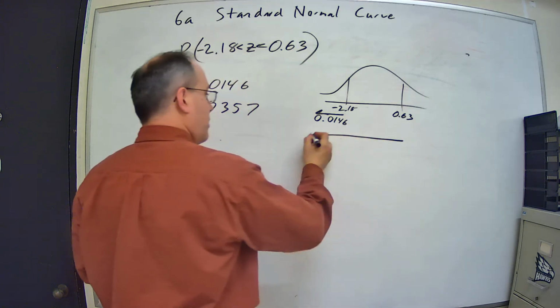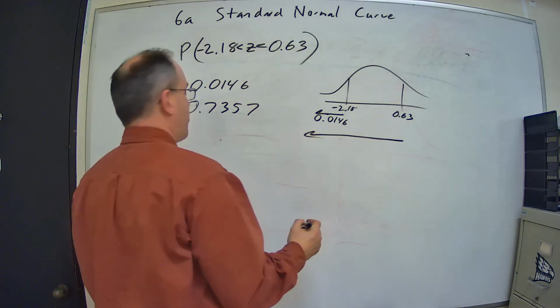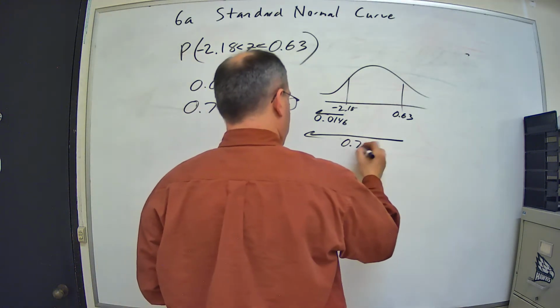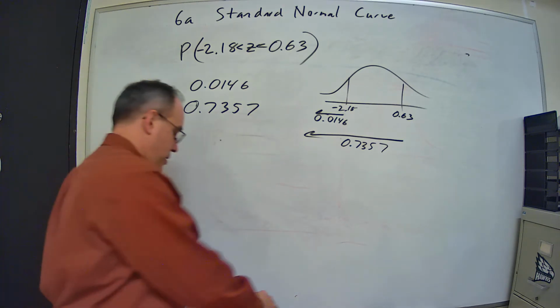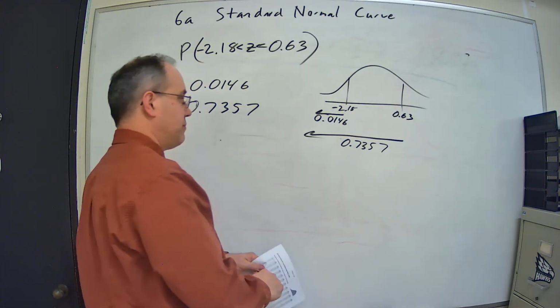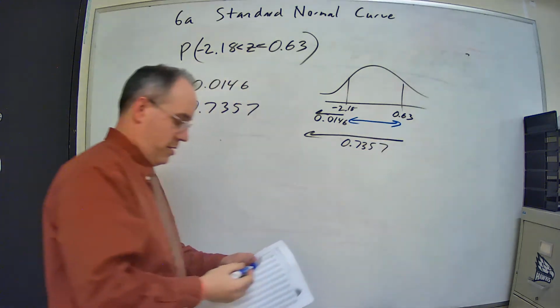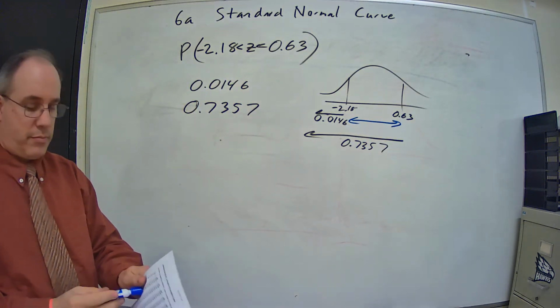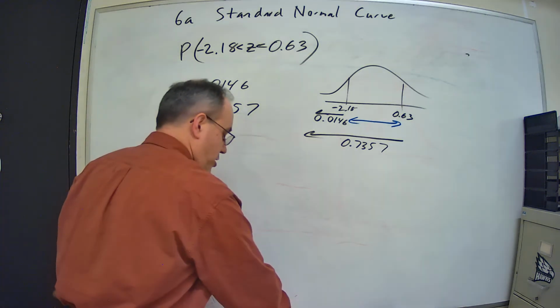The area to the left of 0.63 is 0.7357. I want to find the area between them. Now, simply stated, the area between them is just the difference.